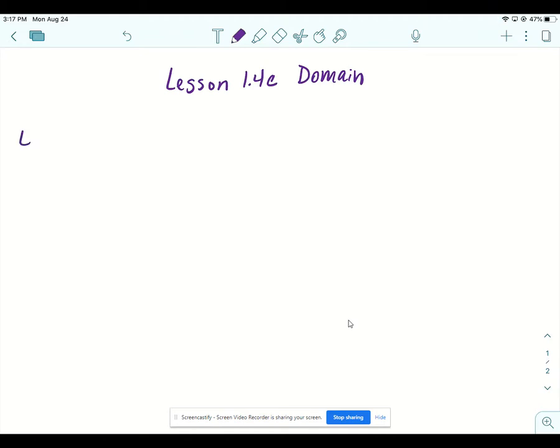Alright, so for example 1, we're going to find the values for which f of x equals g of x.